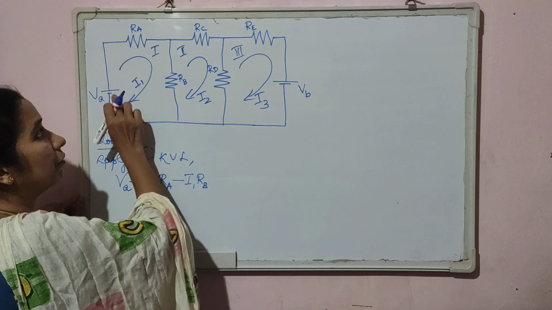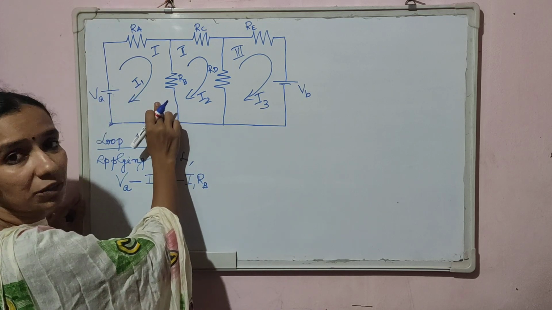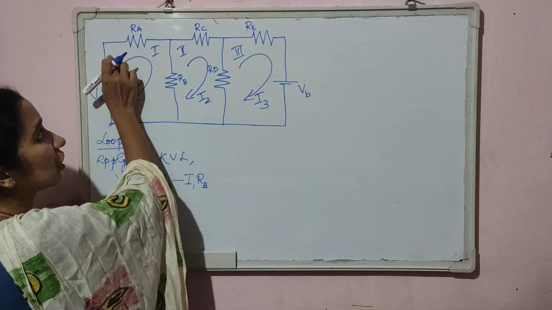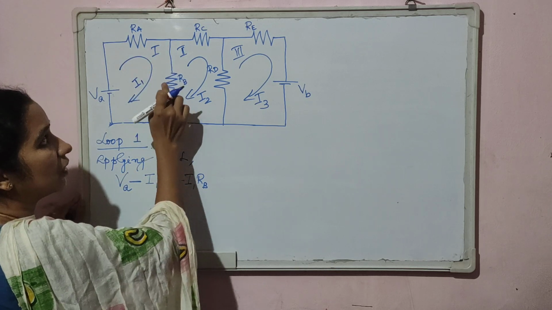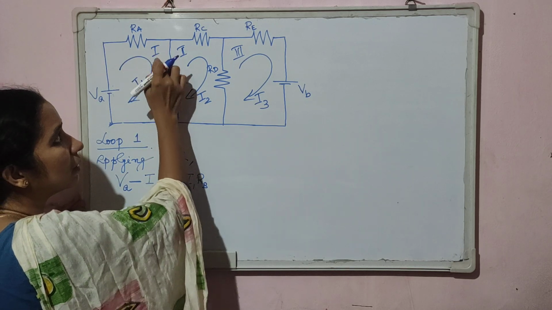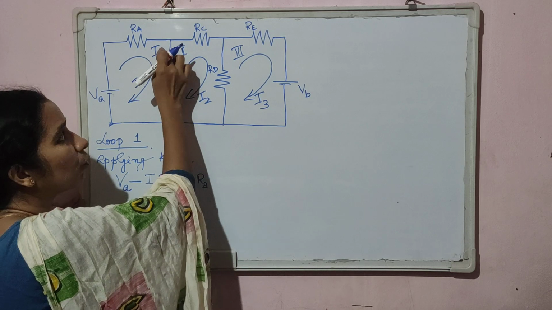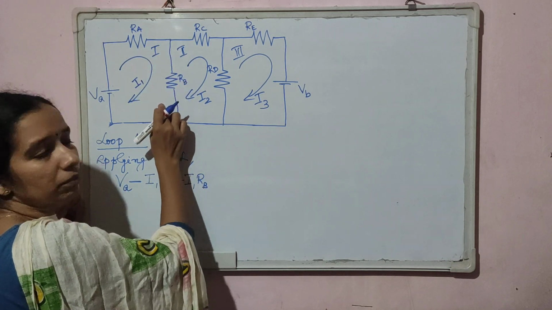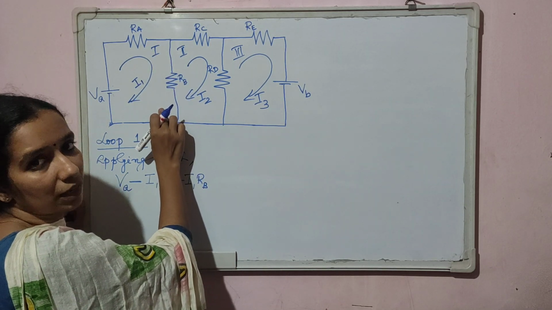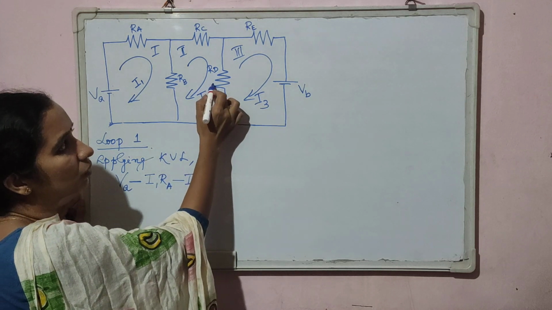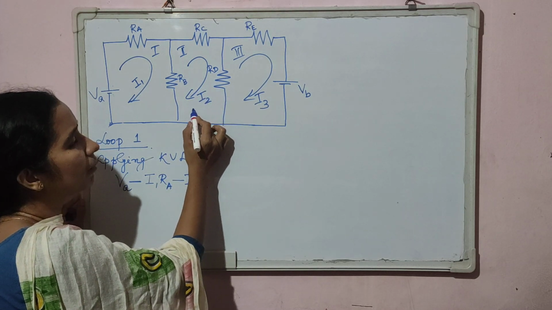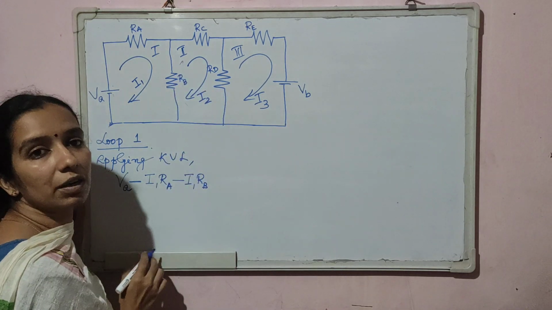So see, we are considering mesh 1, or we are tracing mesh 1 in this direction, in the clockwise direction. So we are moving from this point to this point. We are moving from top to bottom while considering resistor RB, but current I2, current of mesh 2, is flowing from bottom to top of RB.